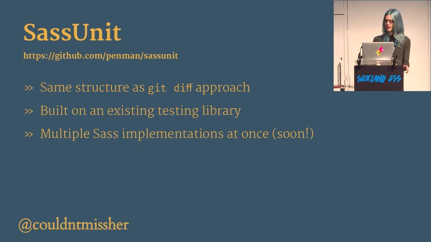And it works very well. Because it's built on an existing testing library, you get all sorts of features that you wouldn't otherwise get from a testing library that was maybe built just for Sass, because there probably isn't going to be as much investment in it. And because it's automatic and it runs all the tests at once, you can test with multiple implementations of Sass at once, or you will be able to soon when I add that.